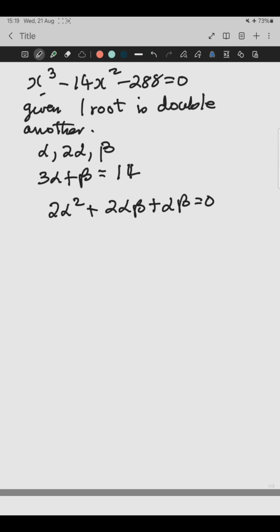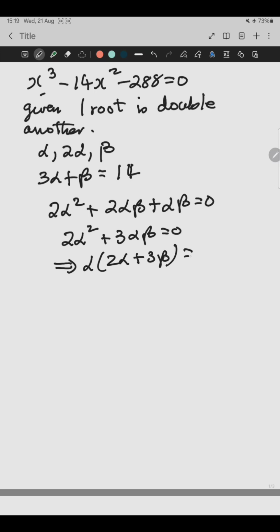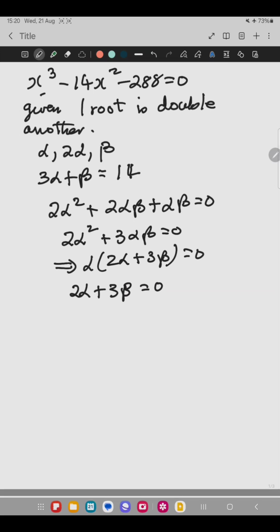So that comes down to 2 alpha squared plus 3 alpha beta is 0, which means alpha times (2 alpha plus 3 beta) is 0, which means 2 alpha plus 3 beta is 0, if we assume that alpha is not 0.